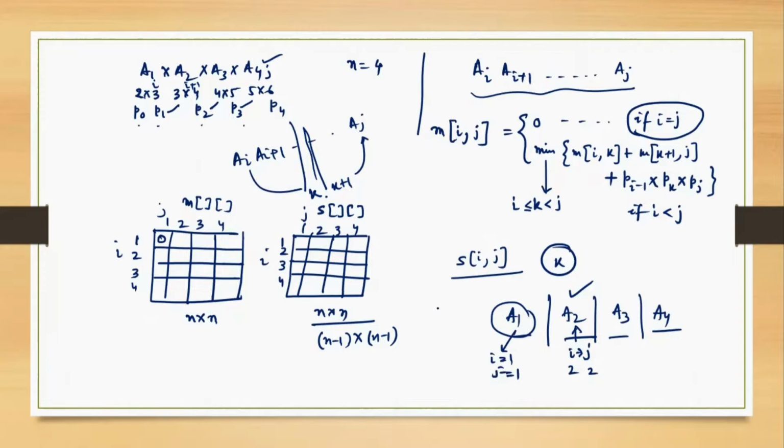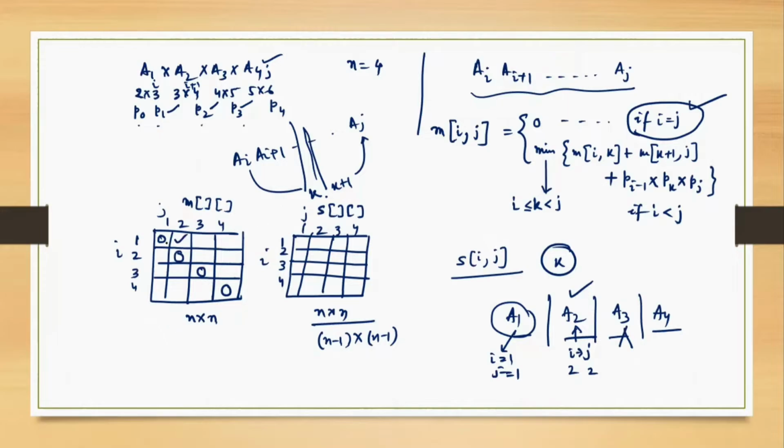M of 1, 1, M of 2, 2, no cost because single matrix. Here I is 3, J is 3. You follow these constraints, I equals J. So here it is 0, here it is also 0. Fine. Then we have to fill up this one.